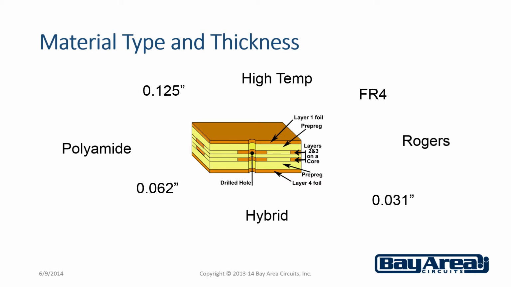Other material types that could be selected include higher temperature FR4, polyimide, Rogers, etc. These other material types can significantly increase the cost of the PCB. The most common thickness of a PCB is 62 mils. Other thicknesses could increase the cost by 5 to 10%, depending on if you're using a standard thickness type or request a custom thickness.